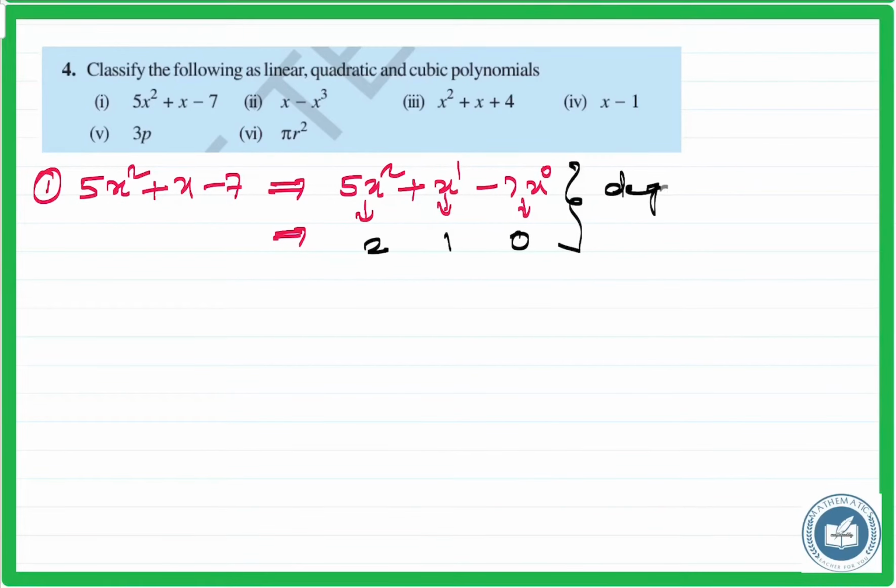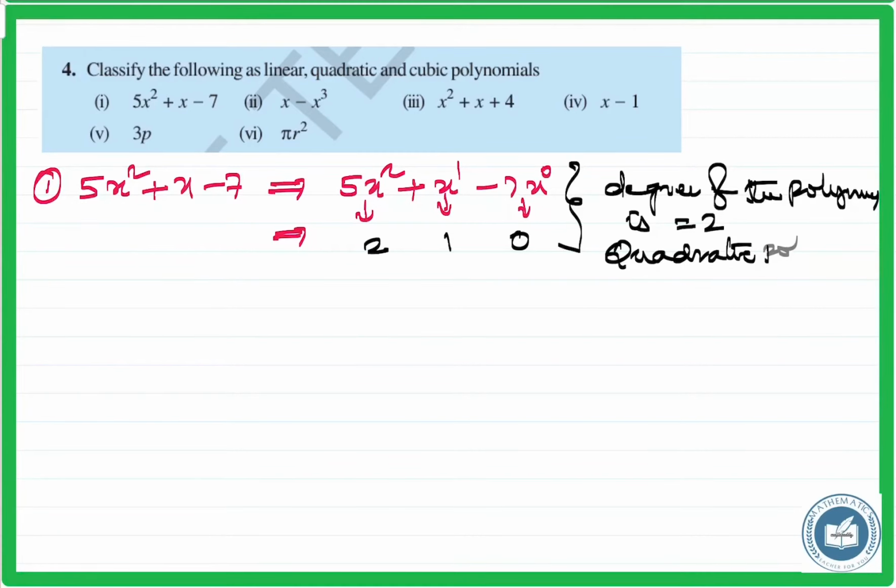So the degree of the polynomial is equal to 2. Whenever the degree of the polynomial is 2, this one is a quadratic polynomial.